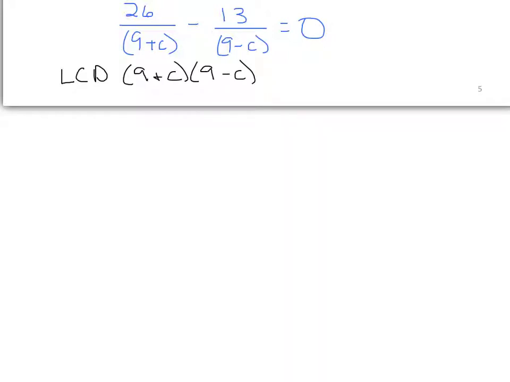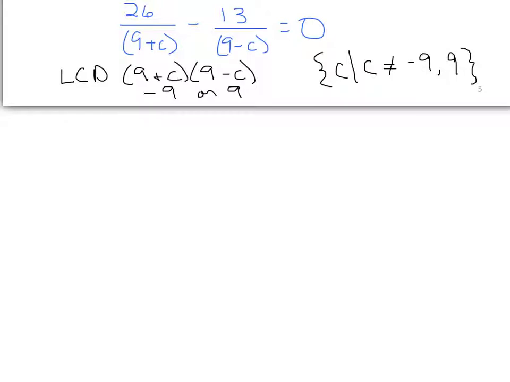And so we know that c isn't going to be able to be negative 9 or 9. So our domain is c such that c doesn't equal negative 9 or 9. And in fact, the current isn't going to be a negative number of any kind.